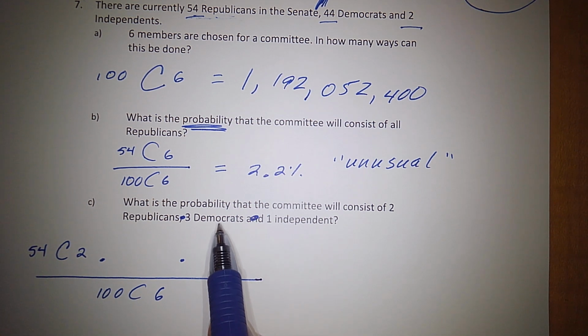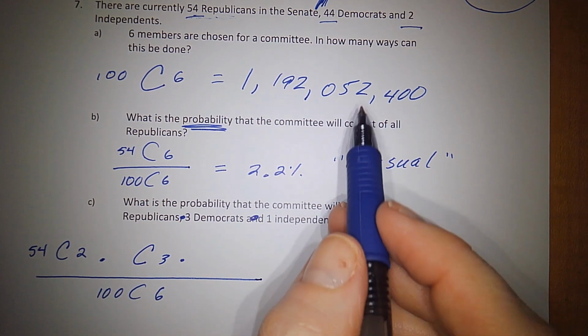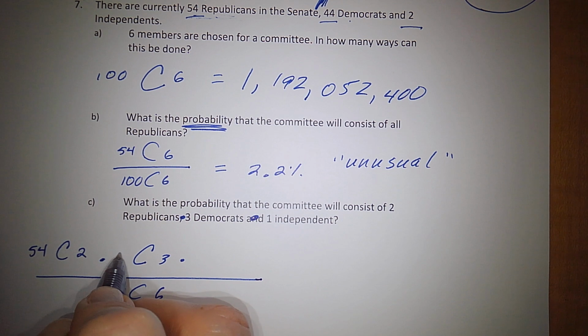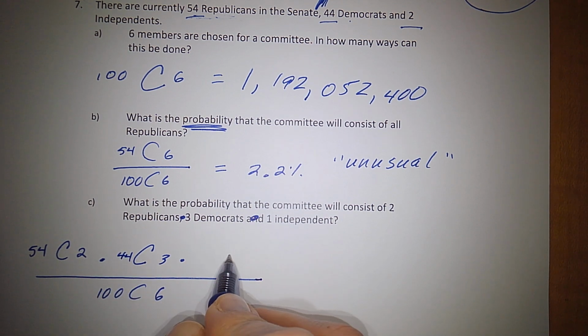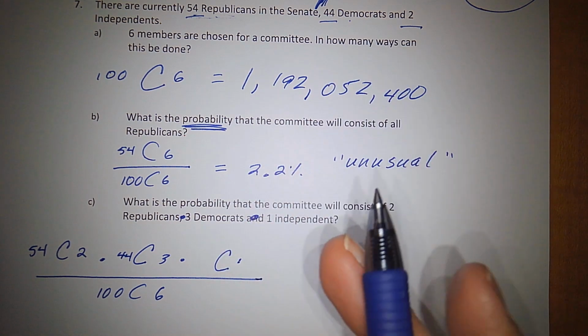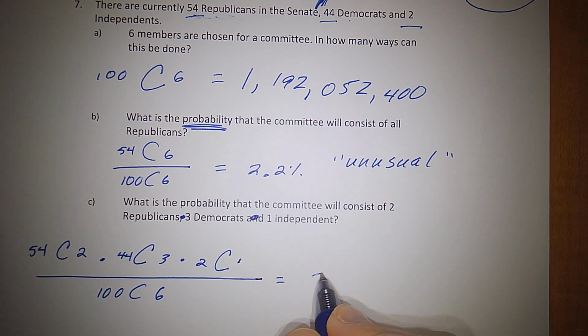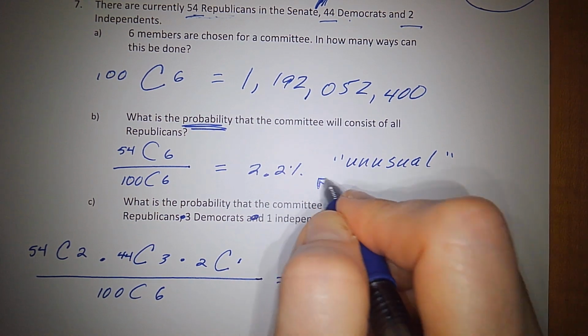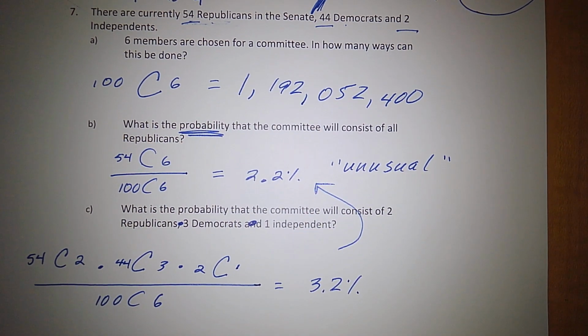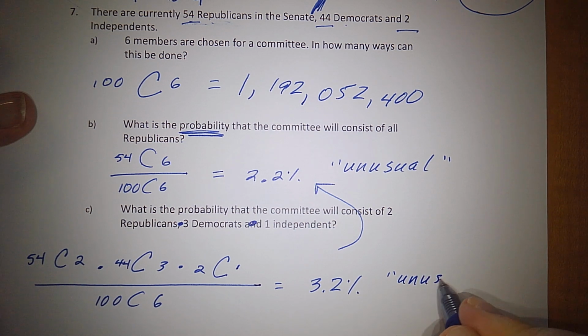Then we go back into the hat and we select 3 Democrats out of the group of 44. Then we go back into the hat and we select 1 independent out of the group of 2 independents. When we multiply these together and divide by the total sample space, we get 3.2%, which is actually more likely than selecting all Republicans. However, it is still an unusual event.